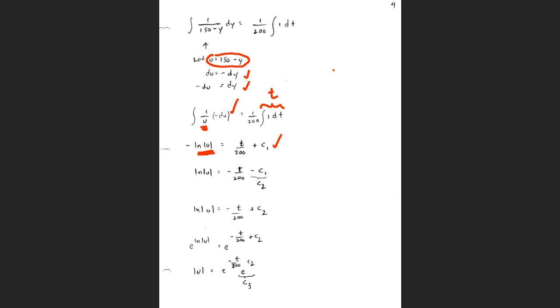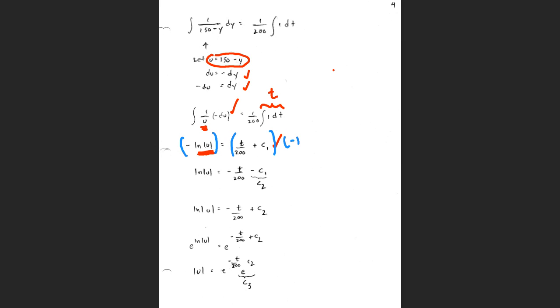So now we took a differential equation, did integration by substitution, separated the variables, and now we're going to eventually find a solution for the amount of salt in the tank at time t. What I'm going to do now is get the absolute value of u alone.